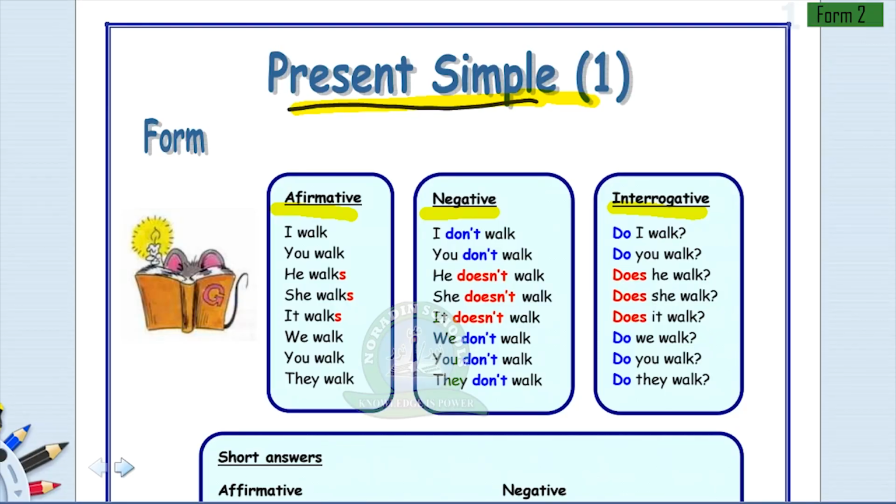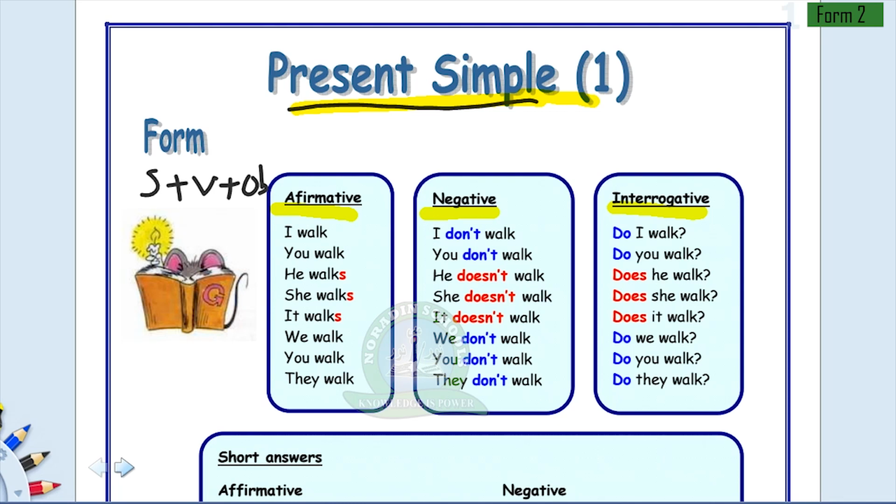For example, it can be formed like this: subject plus verb plus object. In other words, if our subject is plural, we don't need to change the verb, so it is a base form, and here we have the object.